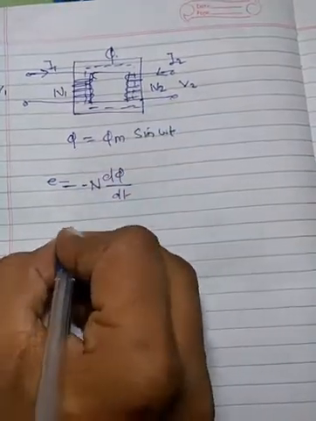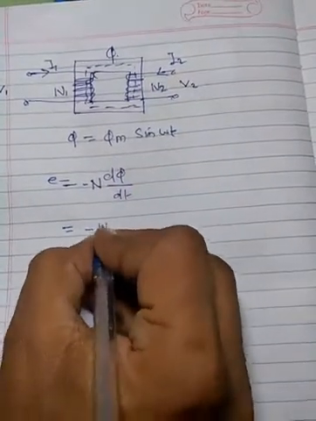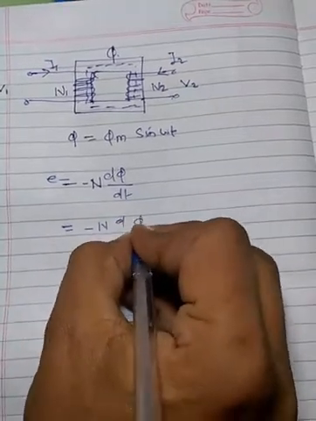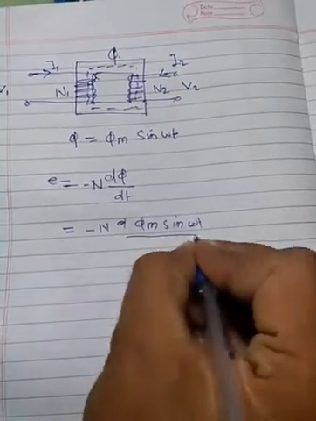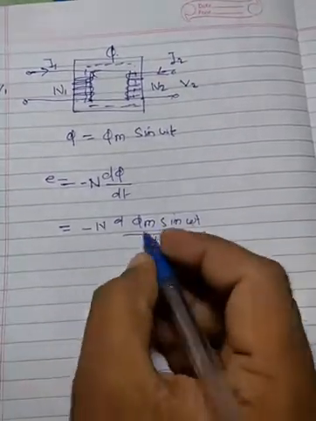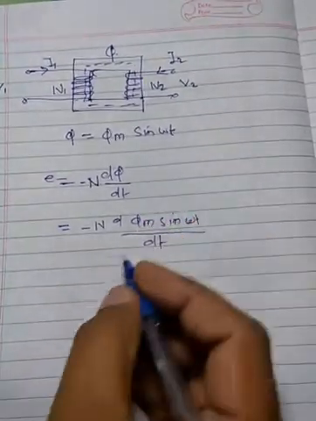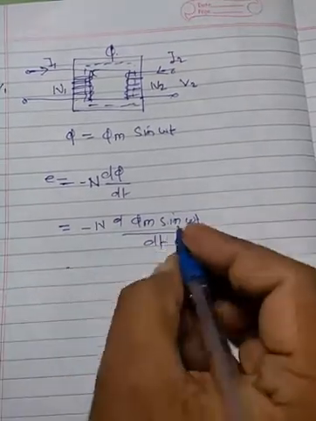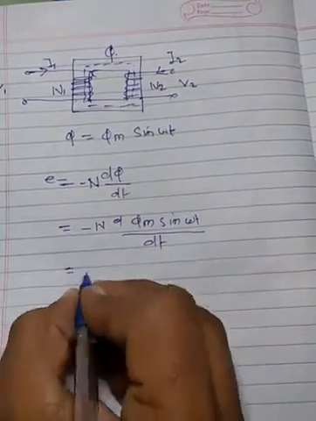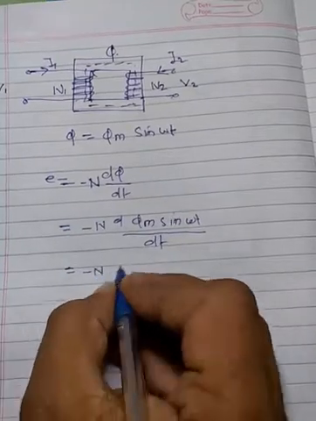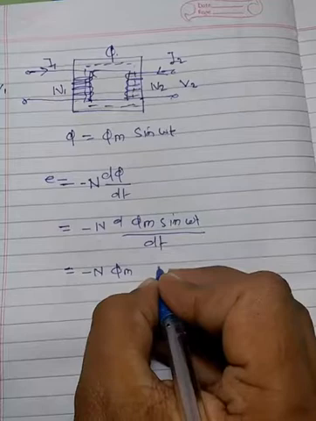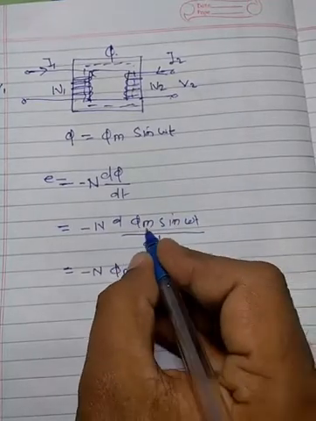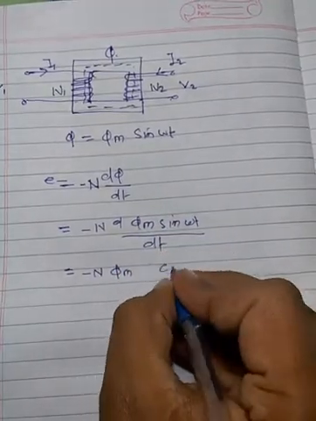So we can say E equals minus N d phi m sin omega t upon dt. We can solve this further. Minus N times the derivative of sin omega t, which is cos omega t.